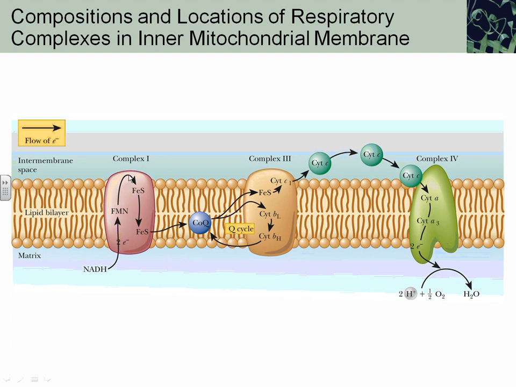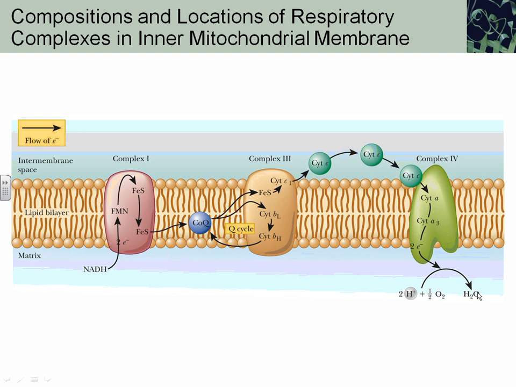These are oxidation reduction reactions, gives the electron to CoQ. CoQ gives the electron to complex 3. Any extra electrons will cycle through the Q cycle, then eventually go to complex 3, then into the cytochrome C, moving to complex 4 until the electron can ultimately be combined with oxygen to produce water.